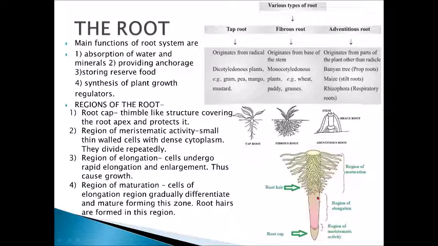Below that is the region of elongation. The cells which have already elongated and enlarged undergo maturation and differentiation, and hence this zone is the region of maturation. So, four different zones of the root: root cap, region of meristematic activity, region of elongation and region of maturation.